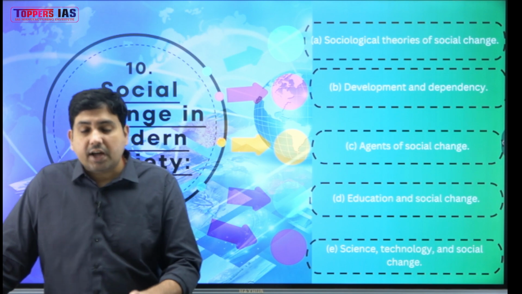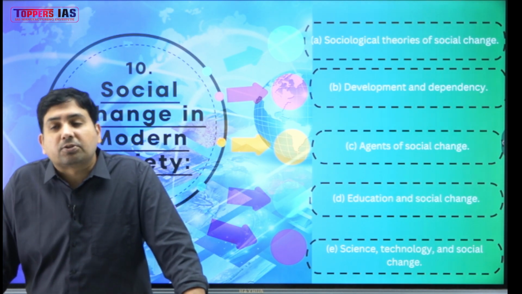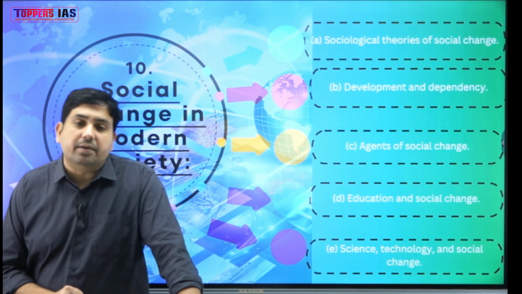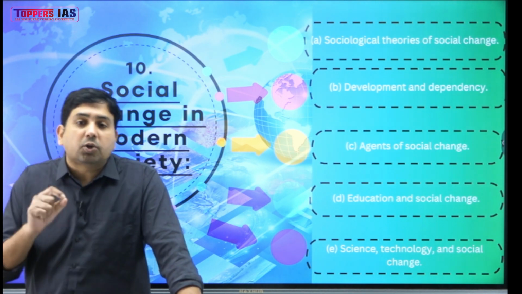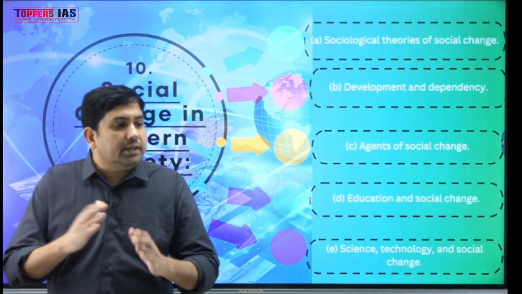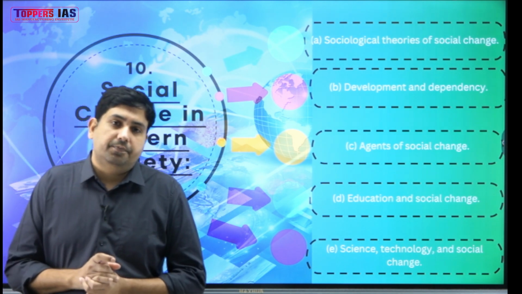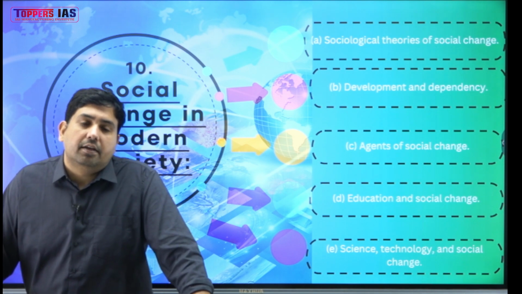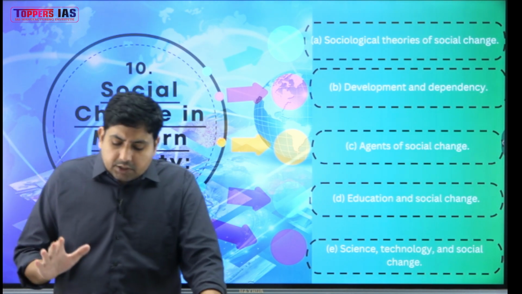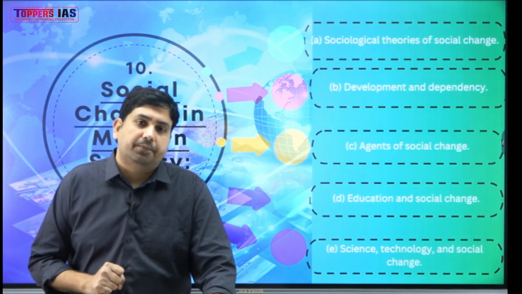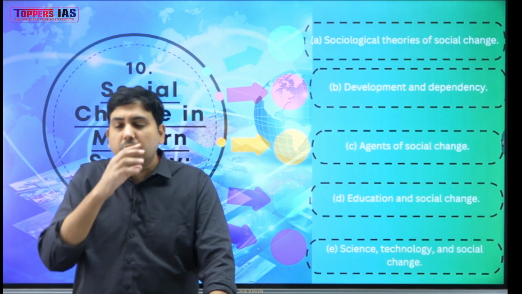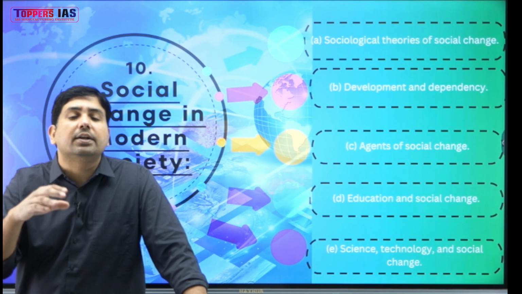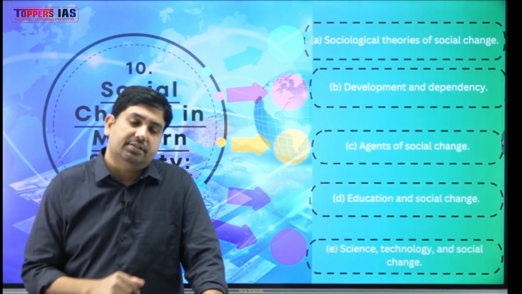Okay, so this was about your sociology paper 1 syllabus. Now, as you can see, the topics in paper 1 are actually deeply interconnected. The theories of Karl Marx, Emile Durkheim, Max Weber are not just historical facts. They are actually tools. What tools? They are analytical tools that you will use to understand every other chapter.